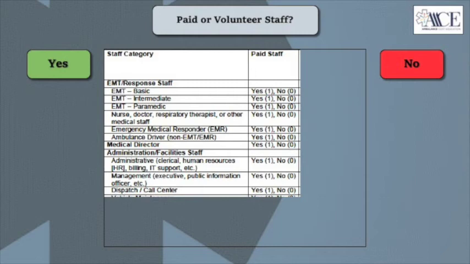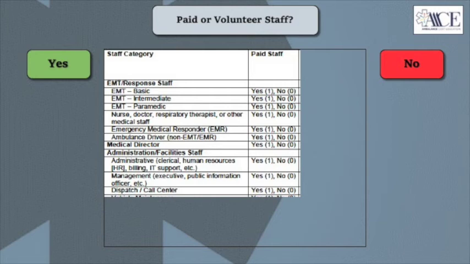Paramedics, pretty straightforward. If you're W-2, if you're volunteer, if you are not making minimum wage. Okay, so if you've got paramedics, you say yes, and if I've got some that are making less than minimum wage because we have those different dynamics I was telling you about, you might be paying them a stipend, and then over the year, you might have some volunteer as well.